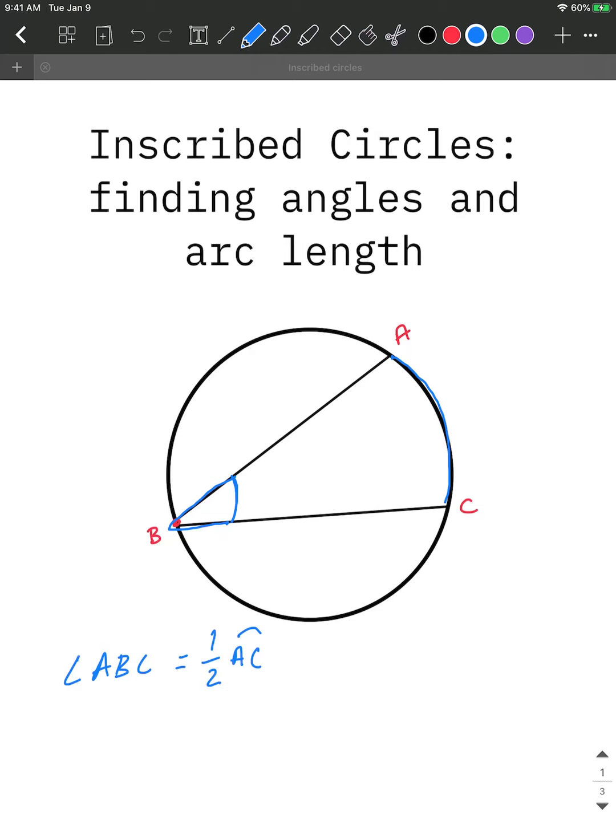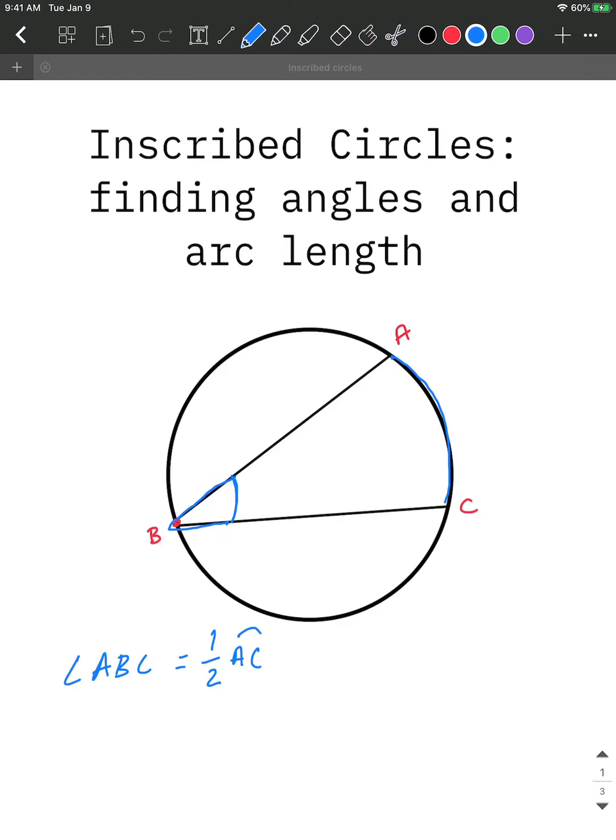So if we know the measure of AC, then if we take half of it, we can find the inner angle of that specific intersection, or where the two rays meet. So this is just a way of finding out angles or finding out distances from two points.